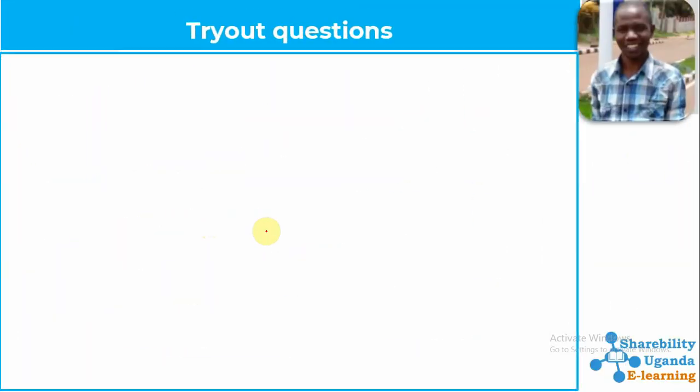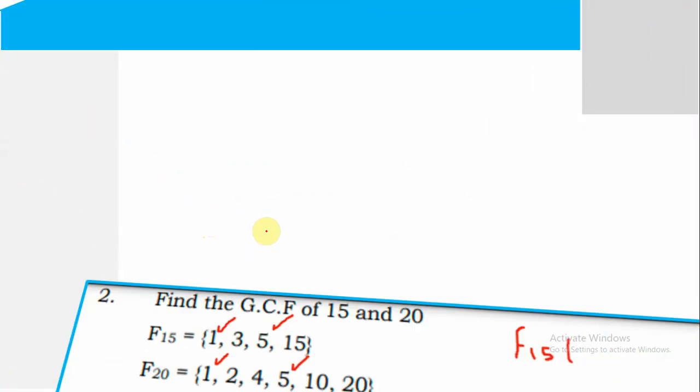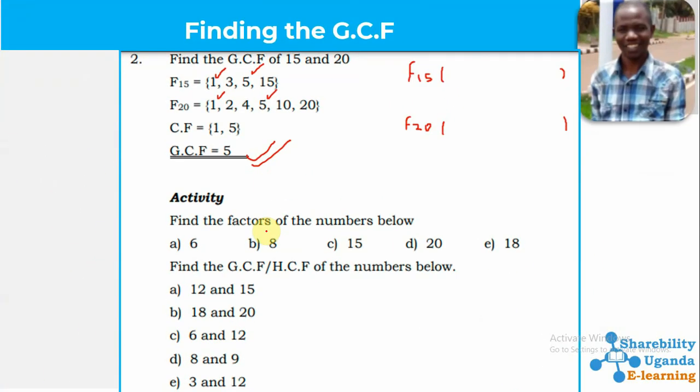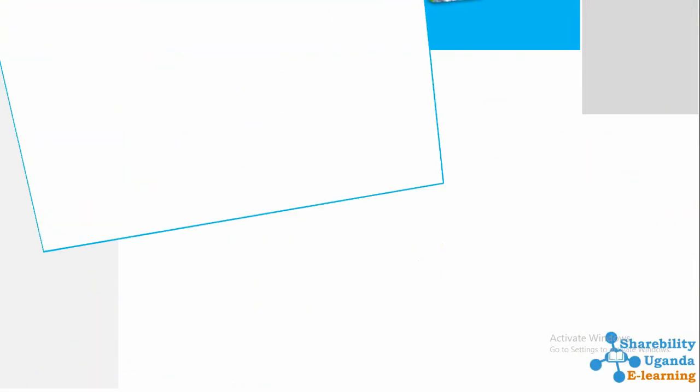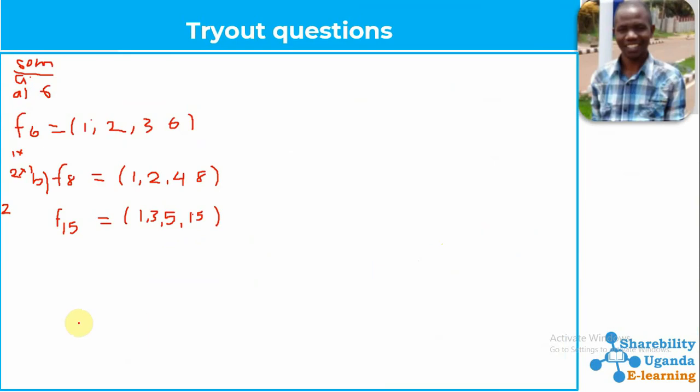Which other numbers were asked? We have a 20 here and we have an 18, so we are also going to finish those. They want the factors of 20.